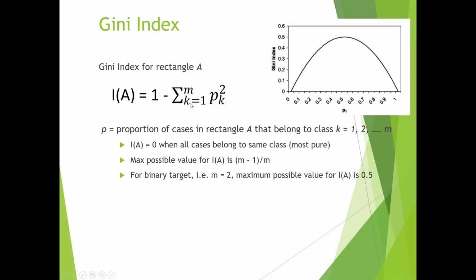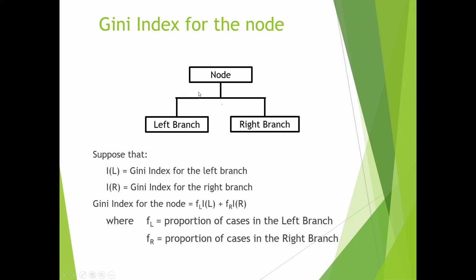This formula peaks at p equal to 0.5. Since there are only binary splits, there are only two possibilities. If you get 50-50, that's the peak you get in the Gini index. We will look at examples in just a second. Same situation over here: this is the root node, you have the left branch and the right branch.